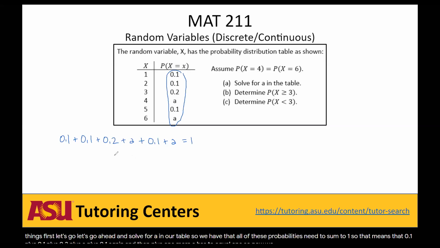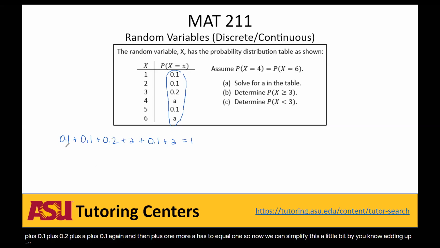Now we can simplify this a little bit by adding up all the values that we do know. We've got 0.1 plus 0.1 plus 0.2 plus another 0.1. That's going to be 0.5. And we have two A's, so that's plus 2A. And that equals 1.